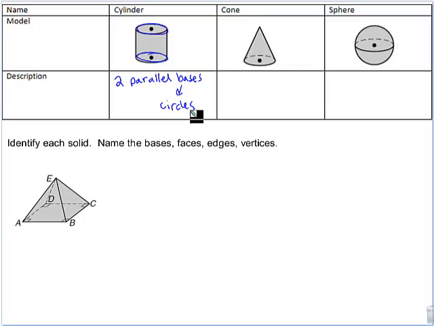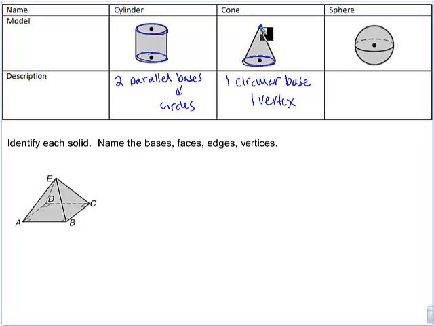A cone just has one base. It's one circular base. And then we have one vertex. It all meets up at that top point. And then our sphere is like your typical basketball, baseball.